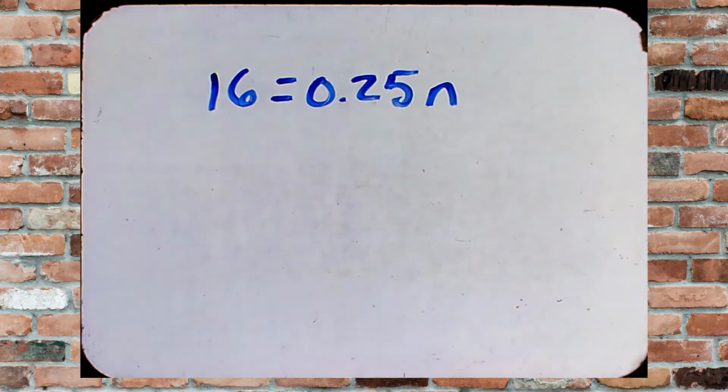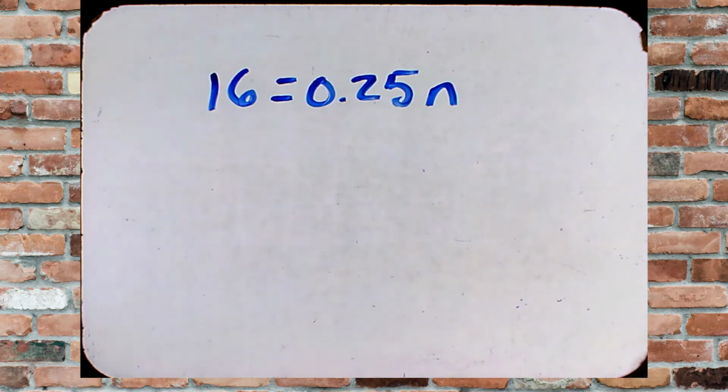We'll start out with a decimal example because decimals are really the easier of the two to solve. So our example problem here says 16 is equal to 0.25 times the variable n.